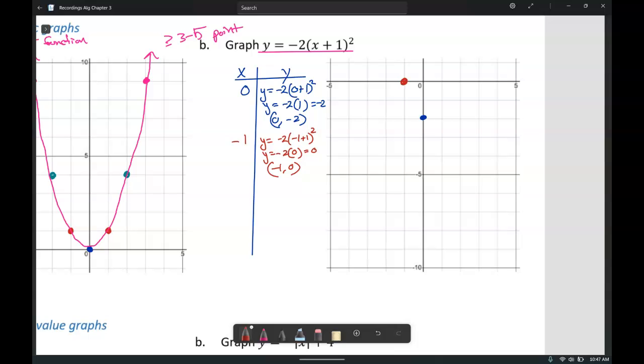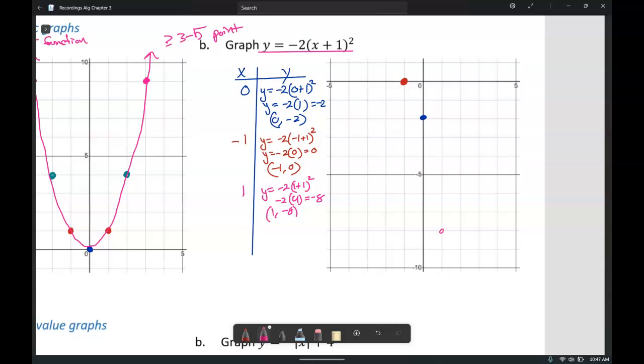And then let's look at the point x equals 1. y equals -2 times (1 plus 1) squared. 1 plus 1 is 2, squared is 4, so we have -2 times 4 to give us -8. So we have the ordered pair (1, -8).